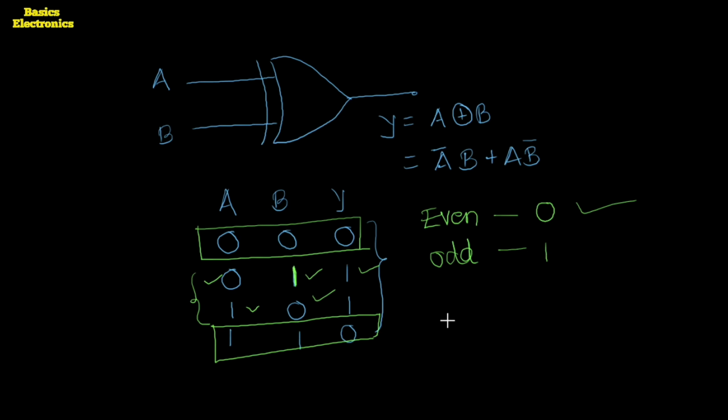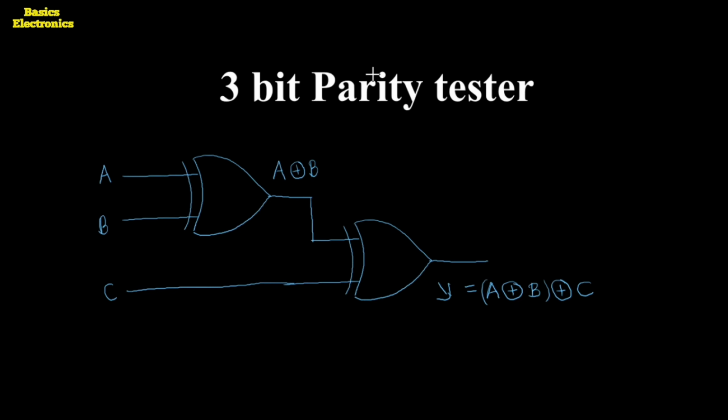This XOR gate we require for the construction of the parity tester. That parity tester may be a 3-bit parity tester, or a 4-bit parity tester, or an 8-bit parity tester, as many bits as you can construct. For all types of parity tester or parity generator, we require the XOR gate.